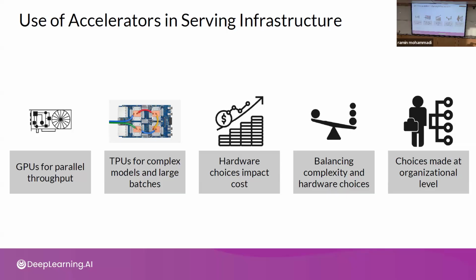TPUs, on the other end, are more useful when you have a larger model that you need to break down. You want to chunk it, and every chunk sits on some TPUs. So just having more or larger GPU doesn't technically make your model faster. It's just better for parallel processing. You can have more requests, just something to keep in mind.